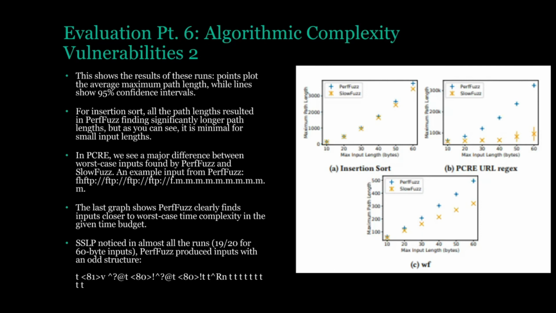Look at that example input there. It should be remembered that PerfFuzz was given an empty string with no knowledge of the program beforehand. That might start really making you think about how amazing PerfFuzz is.